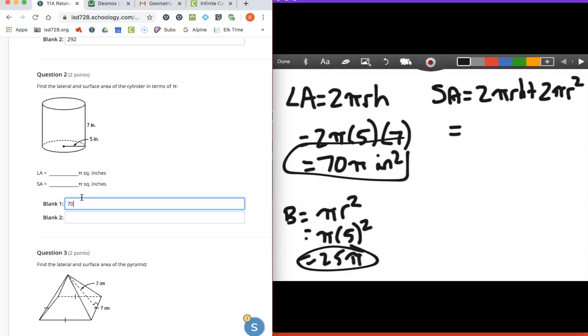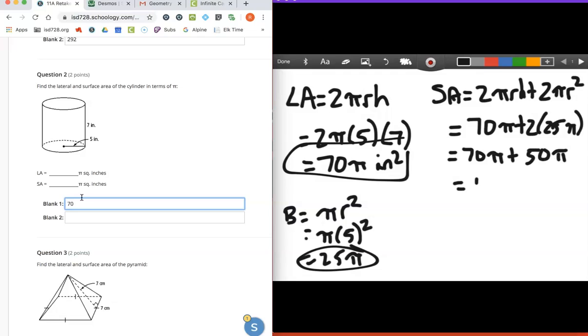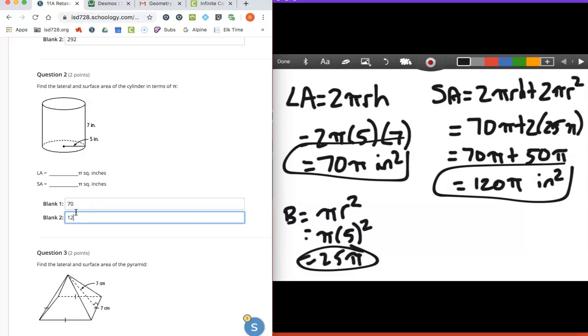So the surface area is 70 pi, plus there are 2 bases that are 25 pi each. So 70 pi plus 50 pi, or 120 pi square inches, would be our surface area. So 70 pi for LA, 120 pi for SA.